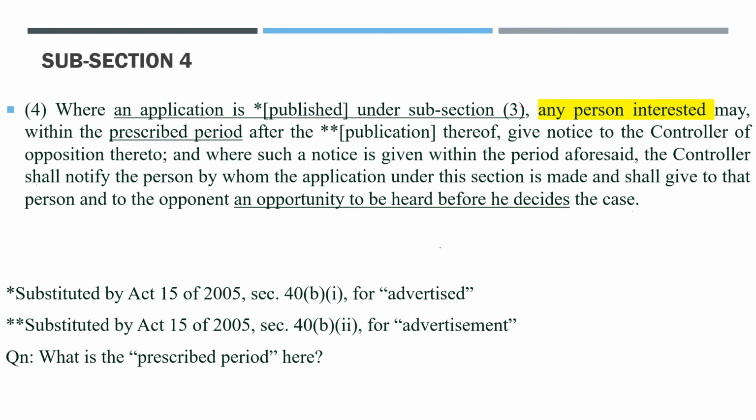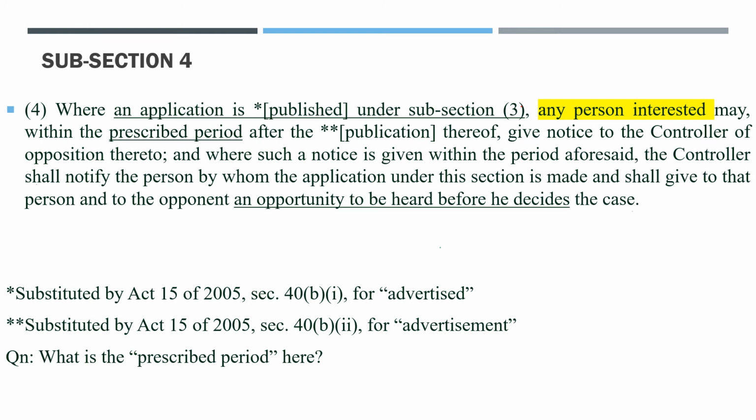So in simple words I can explain subsection 4. Just listen carefully. After publication of an application under section 57 subsection 3, any person interested gives notice of opposition to the controller within a prescribed period.